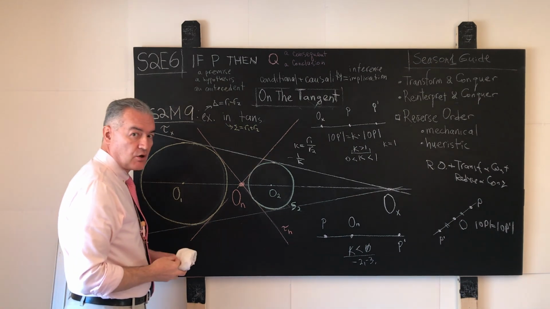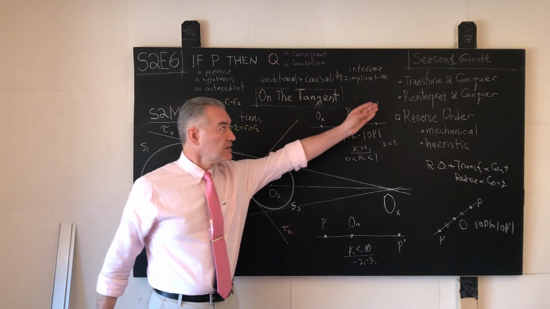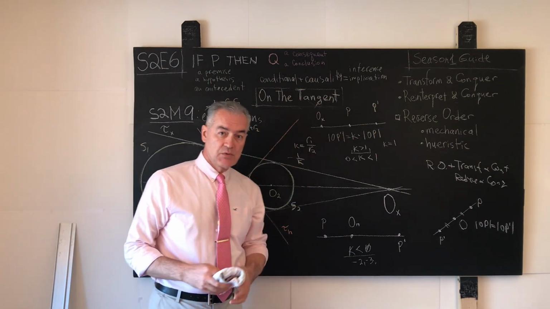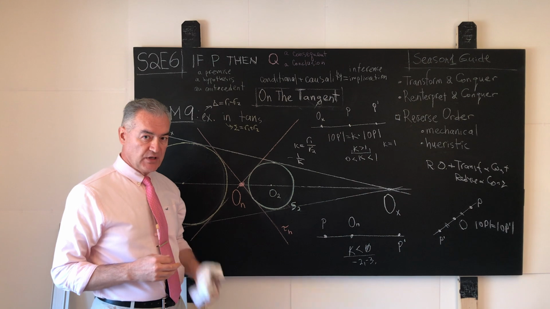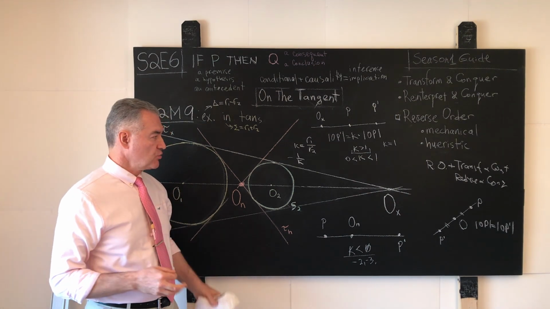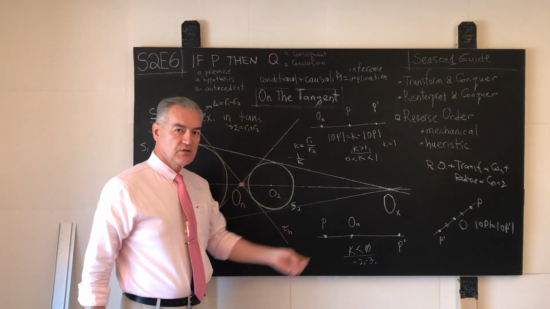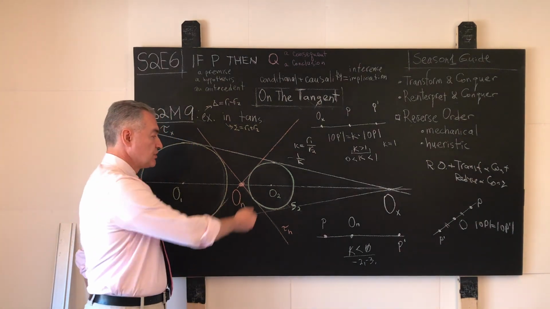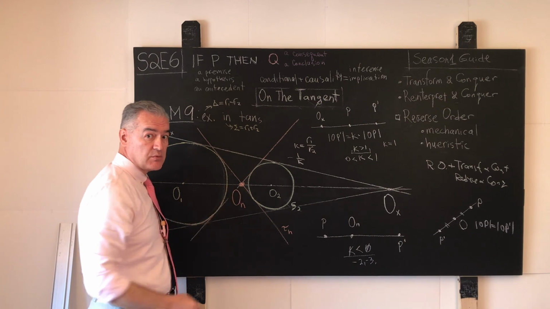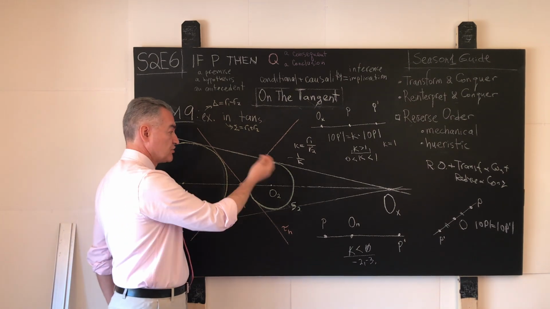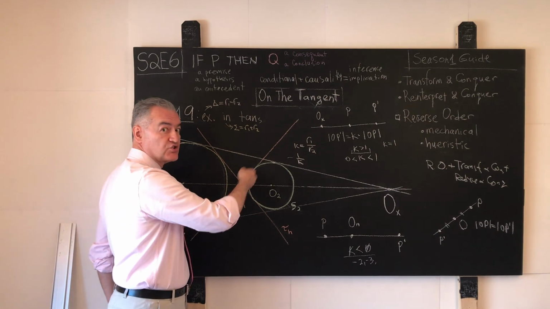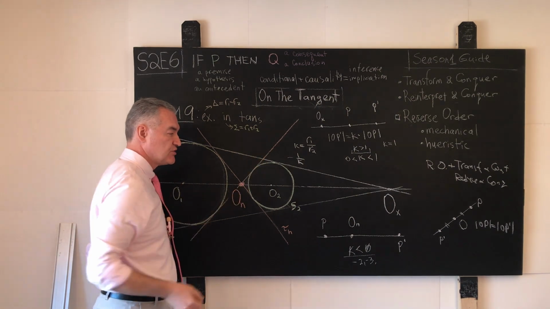Again, notice how wonderfully the various problem-solving approaches work in tandem with each other. In this case, we use the reverse order problem-solving approach. Again, we use the transform and conquer problem-solving approach, where we transform, solve, or construct a tangent and then reverse transform.